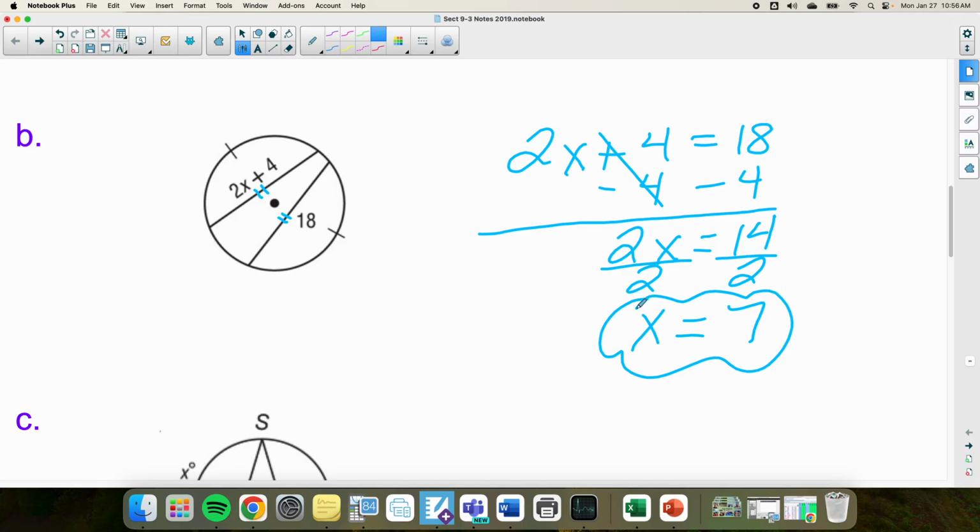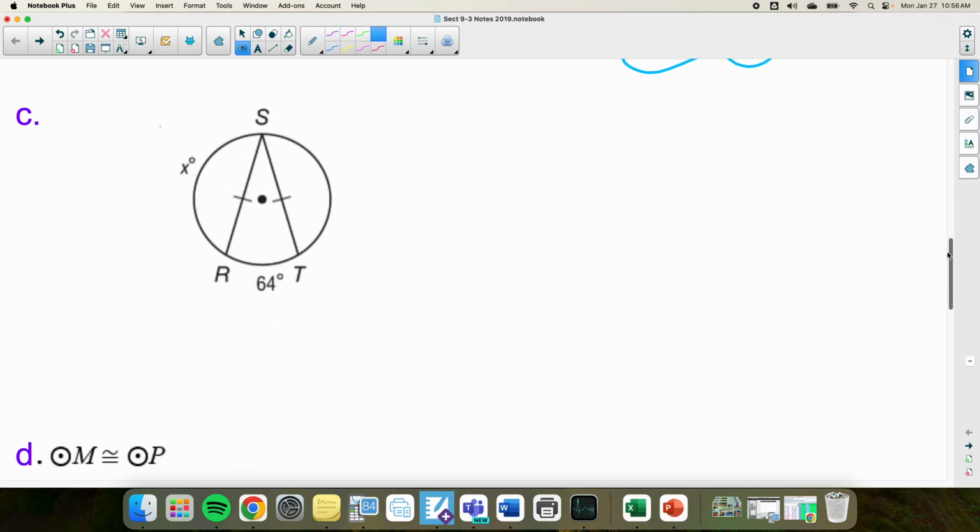Okay? Then, if I look at this one, if you guys just look at that for a second, can you figure out what you would have to do? Yeah, you're correct. So these 2 chords are equal, so these 2 arcs are equal, so if that's x, this is x.